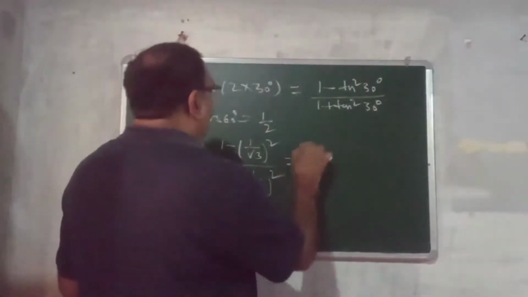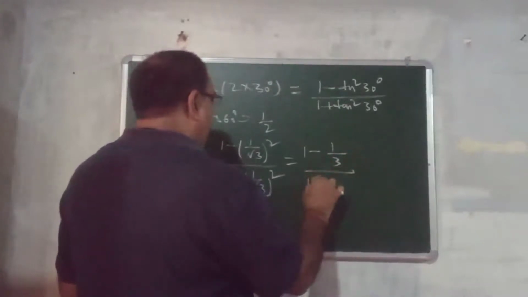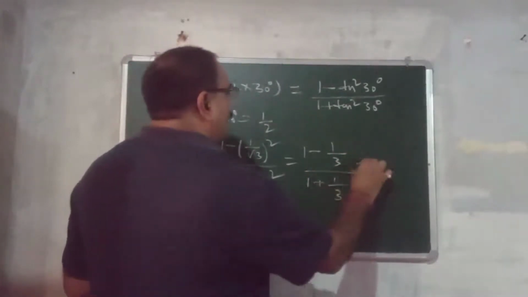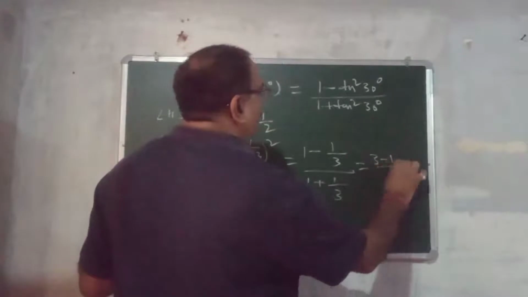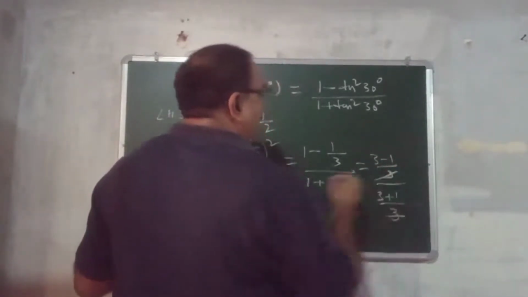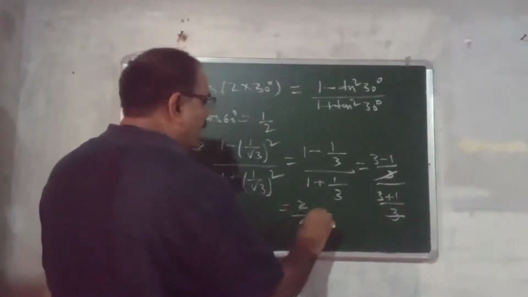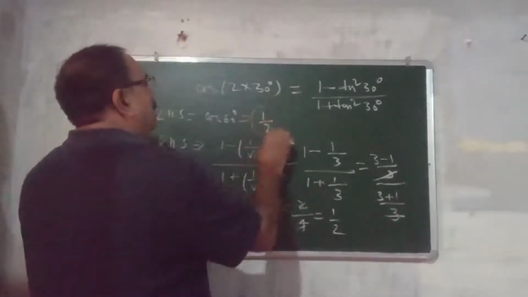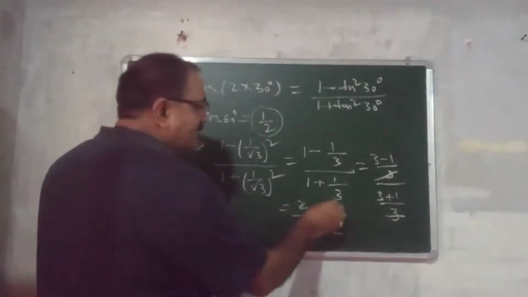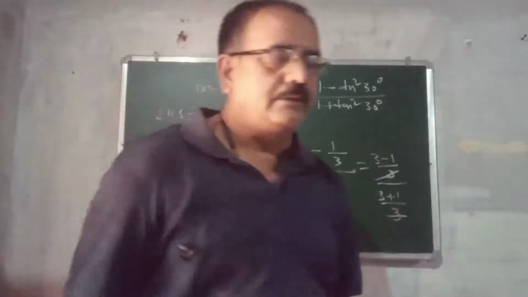Now 1 minus 1 square means 1, root 3 square means 3, 1 plus 1 by 3, this becomes (3 minus 1) by 3 over (3 plus 1) by 3, these 3 will be cancelled. What is left? 2 by 4, that is 1 by 2. So see here, LHS is 1 by 2, RHS is also 1 by 2. So it's very fine.